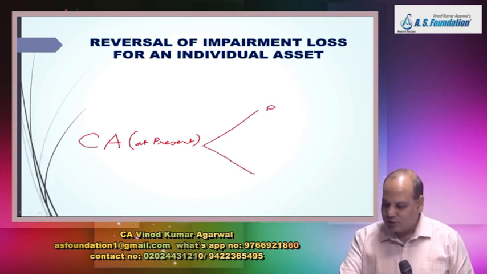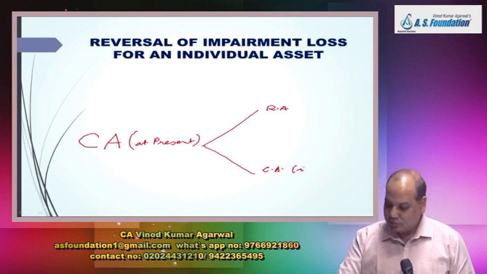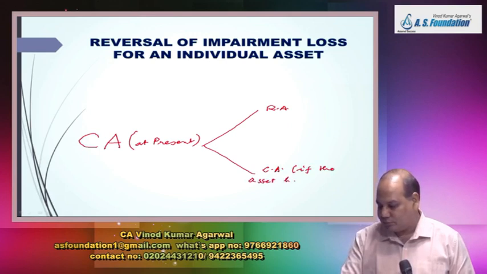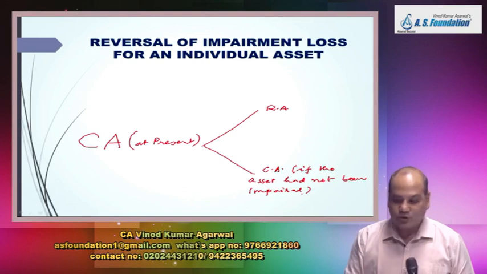Then you calculate the recoverable amount. And you calculate one more thing, the carrying amount if the asset had not been impaired. So you do an out-of-the-books calculation and check: if I had not provided impairment loss some years ago, today what would have been the carrying amount?